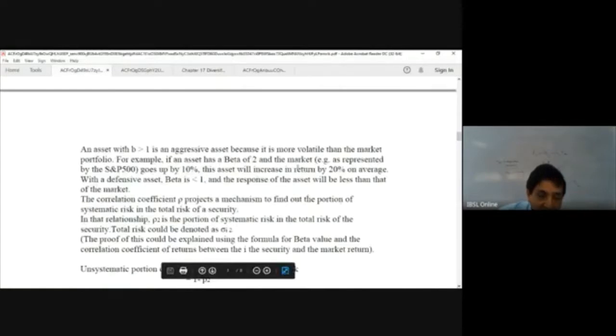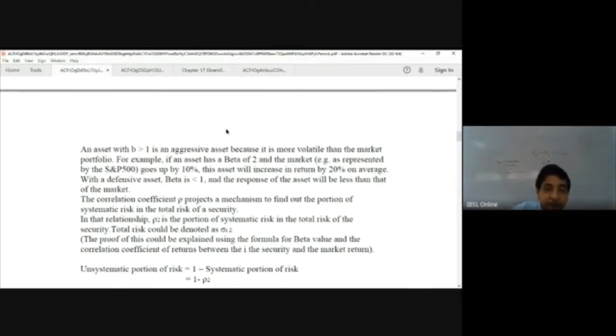Now, these betas can be taken as indicators of systematic risk. If an asset is found with beta higher than 1, we call such an asset an aggressive asset because it is more volatile than the market portfolio.